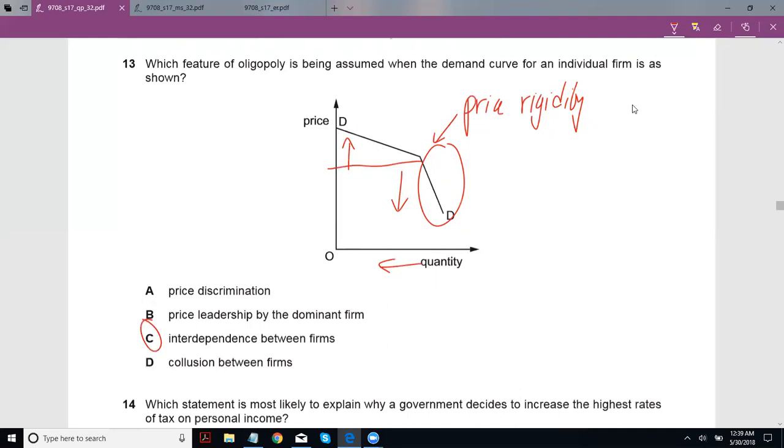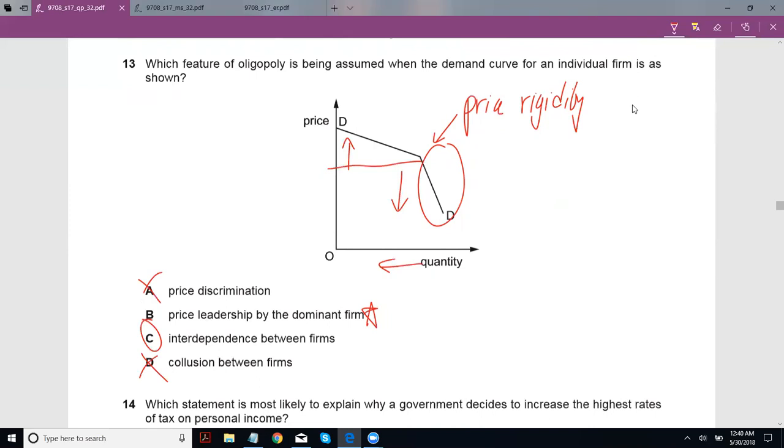The other firms are also reducing price. Now that is not price discrimination. That is not really leadership. Price leadership is where your dominant firm sets the price and everyone follows it. It's definitely not collusion here, because this is non-collusive behavior where they're in fact competing with each other.